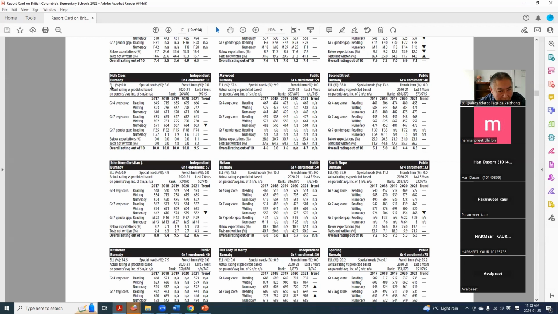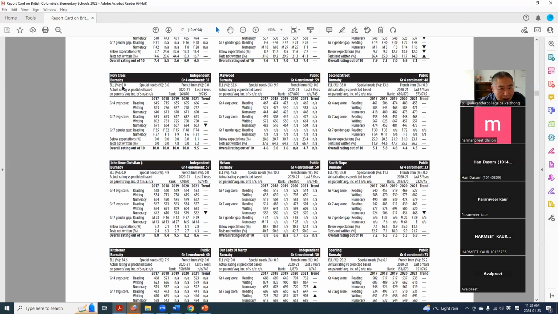And here's one characteristic. ELL students, English language learning students. That means these students are taking English remedial courses. Most likely, the students are immigrants. English is a second language, so they need to take additional courses to improve their English.